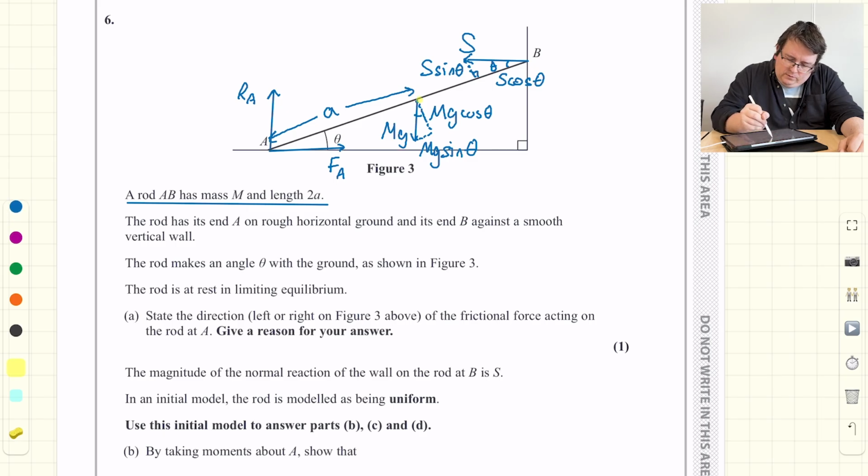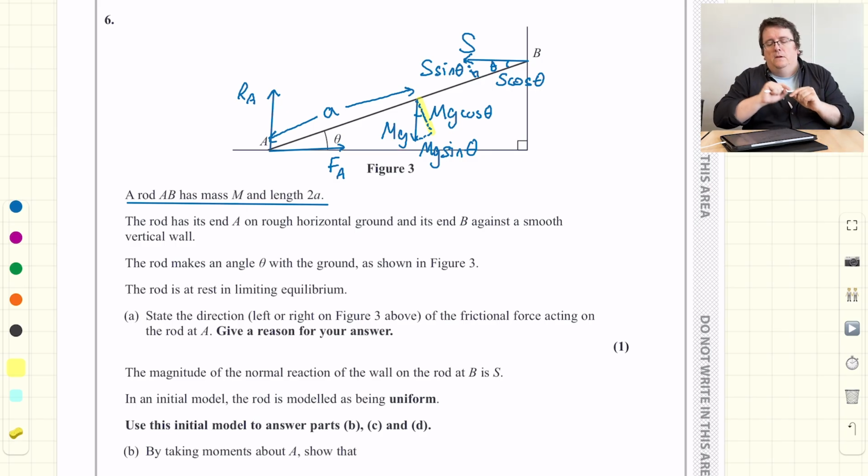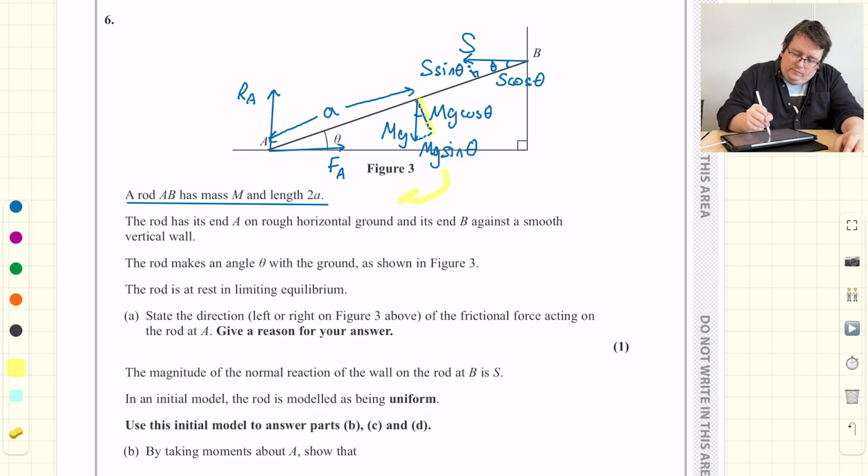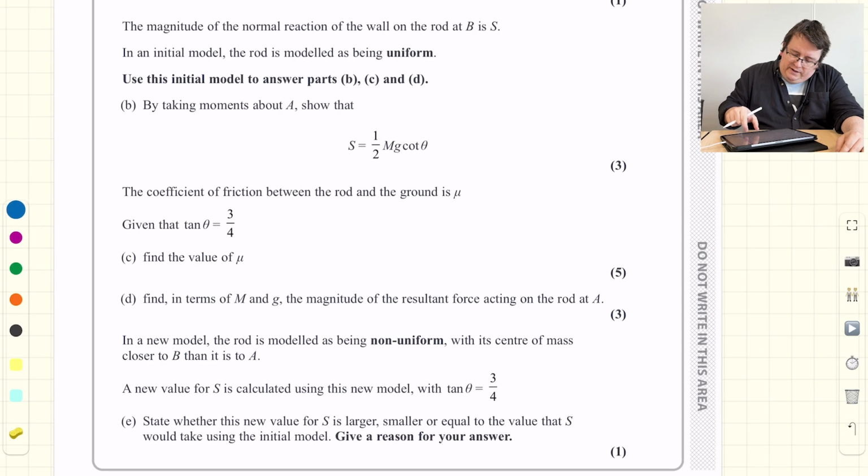So, we're looking at this one here, okay? So that's the mg cosine theta, so we're a away from that. Now, that's going to be travelling around in a clockwise motion, and so that is negative. So we're going to have minus mg cosine theta.